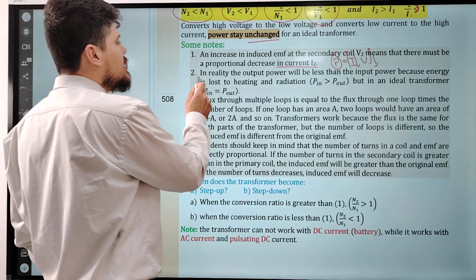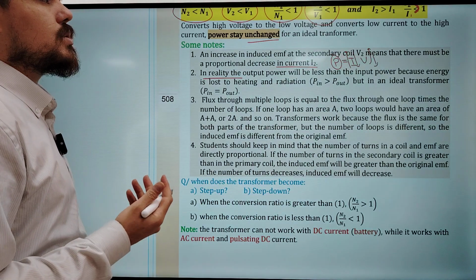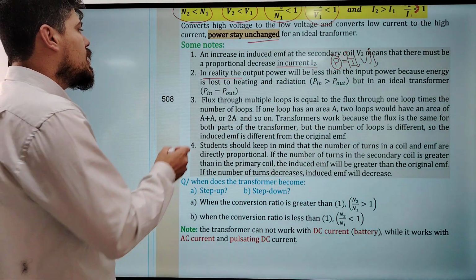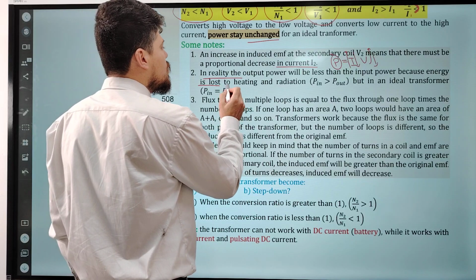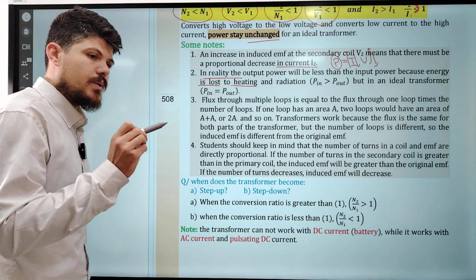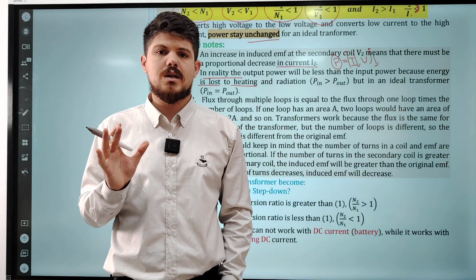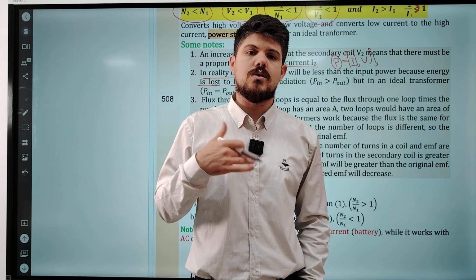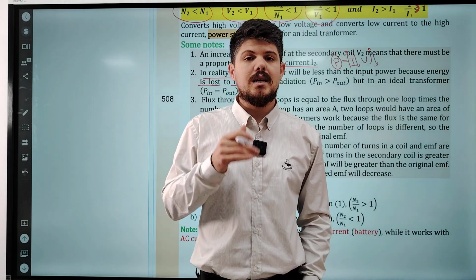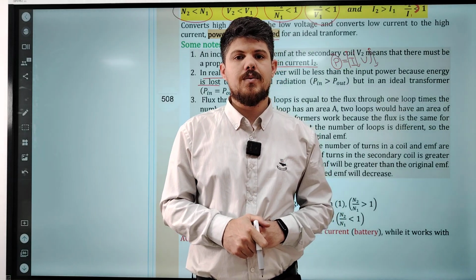In reality, the output power will be less than the input power because energy is lost to what? To heating and radiation. When current runs in a transformer, some of the electrical energy is converted to heat. But in an ideal transformer, there is no loss of power.